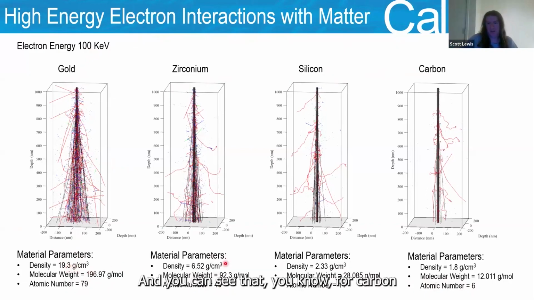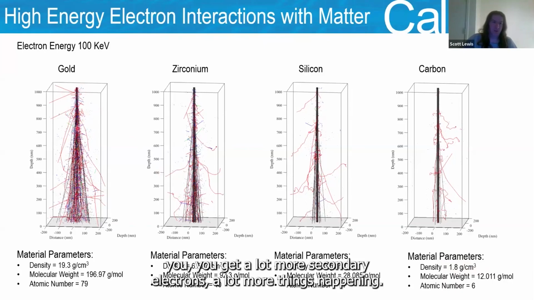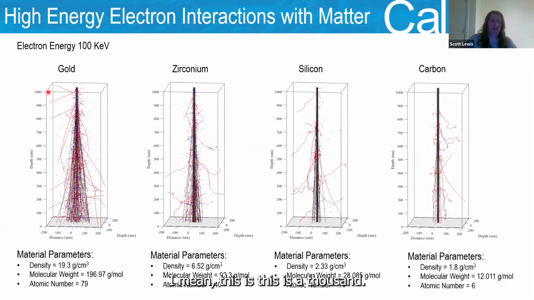And you can see that for carbon, depending on what type of carbon, amorphous carbon and whatnot, but we'll get into that later, it's much different. So it's much smaller. You can see that with the high Z material, you get a lot more secondary electrons, a lot more things happening. You get a lot more of the spread of the beam happening within. I mean, this is a micron thick.